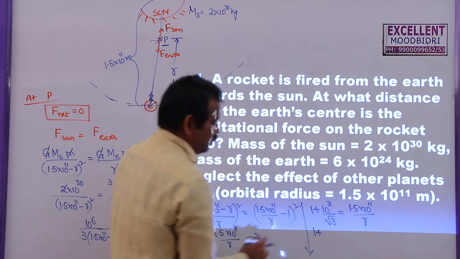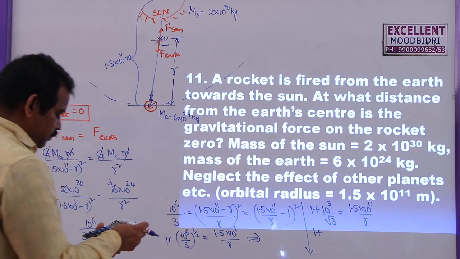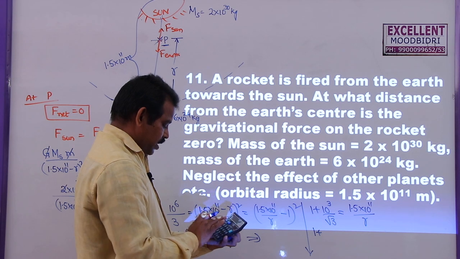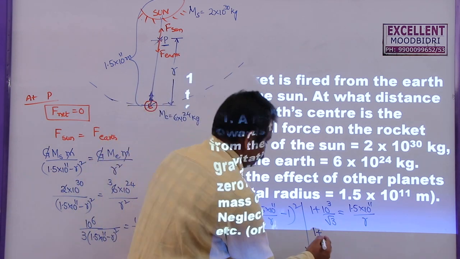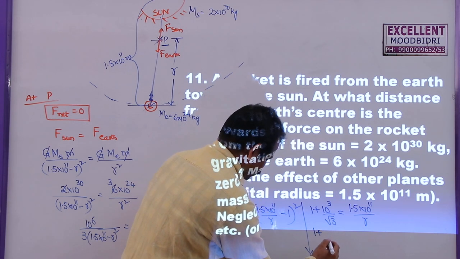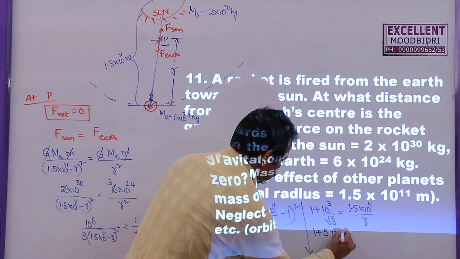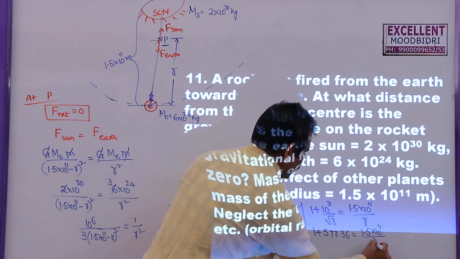1 plus 10^3 means 1000. 1000 by root 3. 1000 by root 3 means 1000 divided by 1.732, which gives 577.36, is equal to 1.5 × 10^11/r.